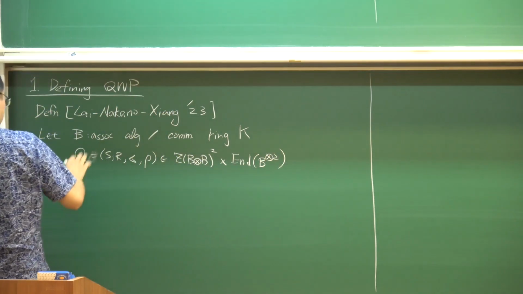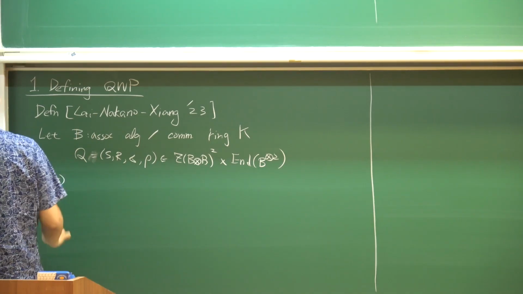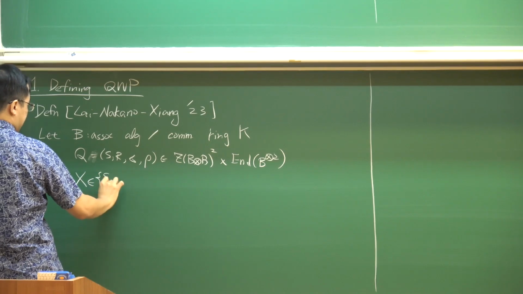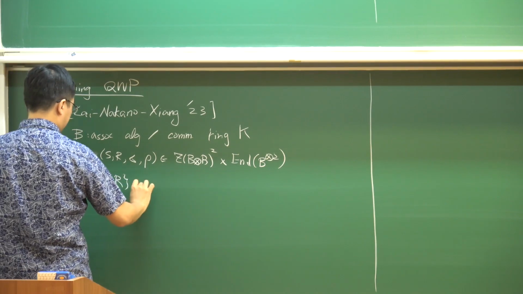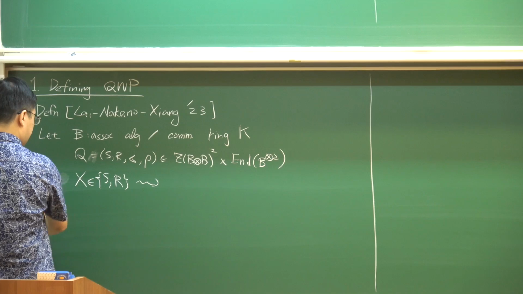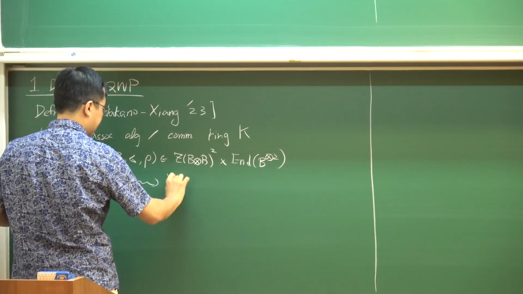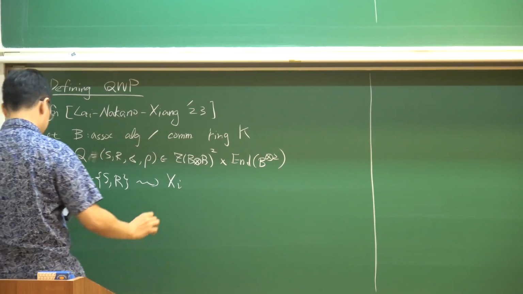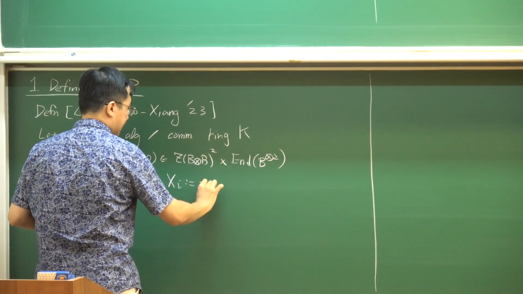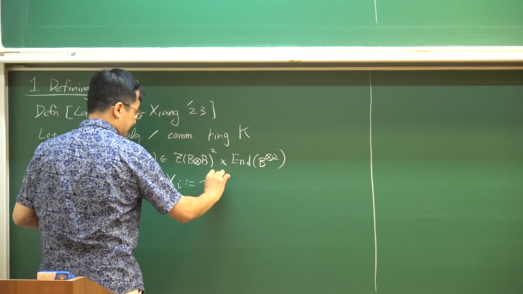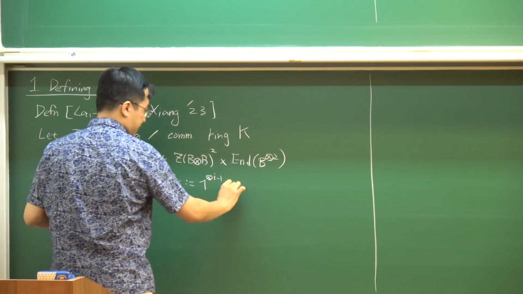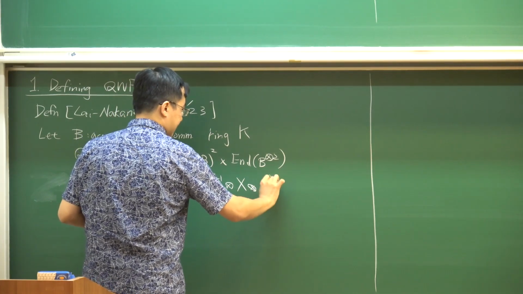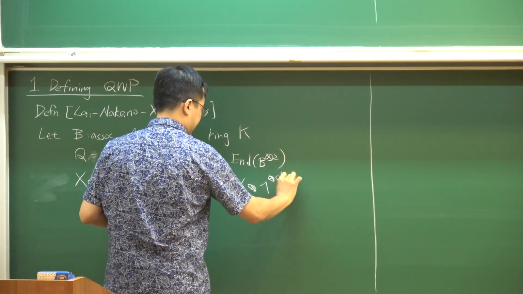And then for any element X, either S or R, you can define the corresponding element sitting inside B tensor D. This is just putting 1 on the first I minus 1 factors, and you tensor an H, and then 1 for the rest.